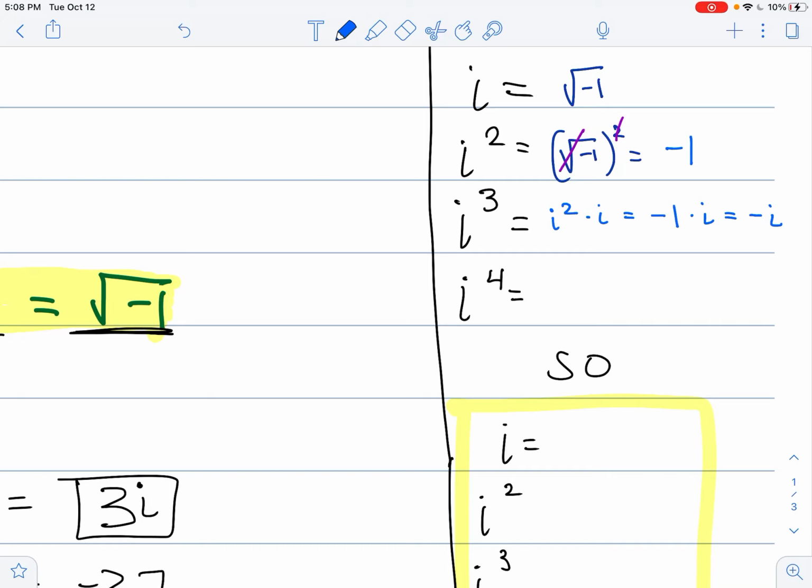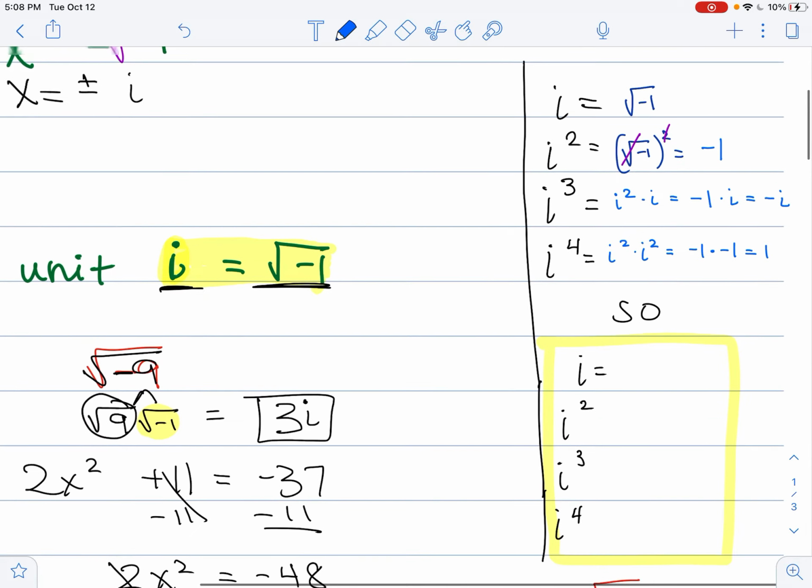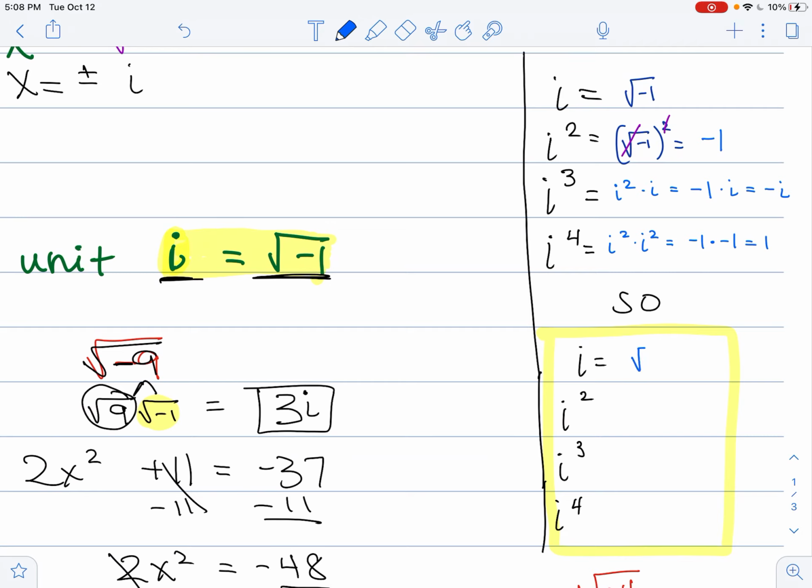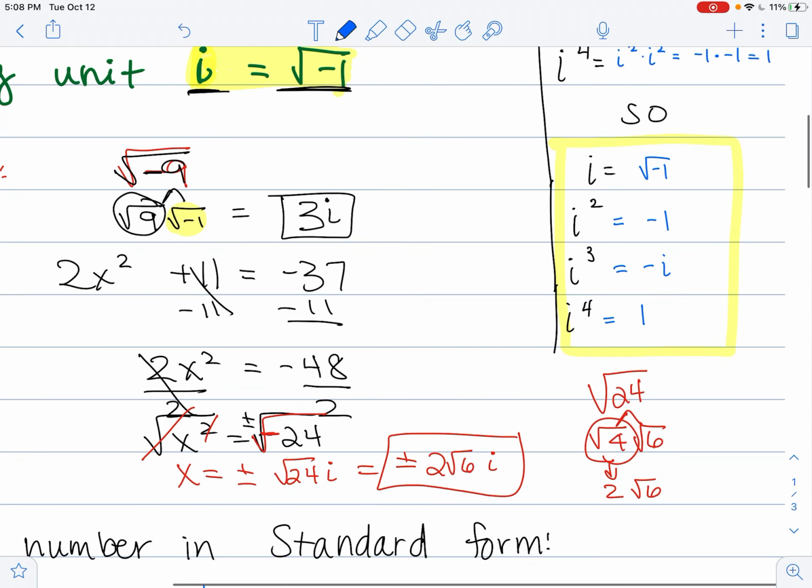And then i to the 4th can be written as i squared times i squared, which is -1 times -1, that's +1. So i is the root of -1, i squared is -1, i cubed is -i, and i to the 4th is 1. So anytime we see i to a power, it's just going to cycle through these 4 values of i. Keep your eye on this one right here.